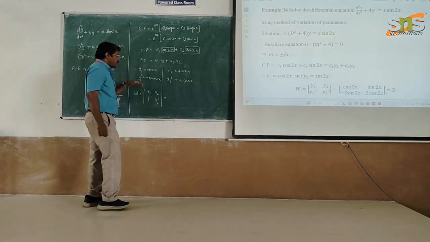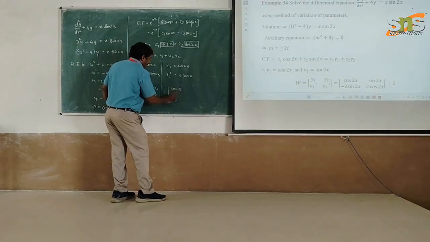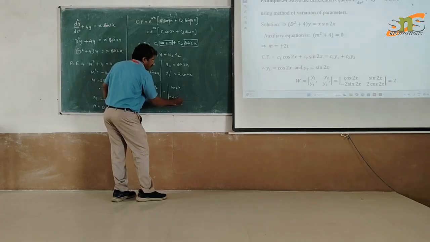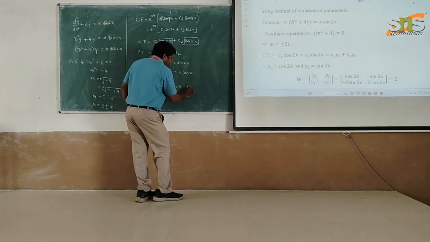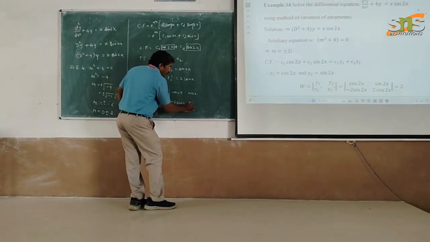So you substitute these values: y1 is cos 2x, y1 dash is minus 2 sin 2x, y2 is sin 2x, and y2 dash is 2 cos 2x.